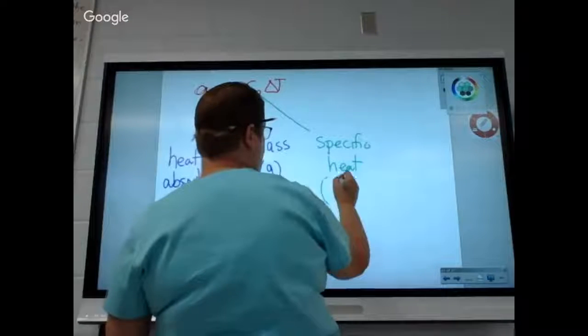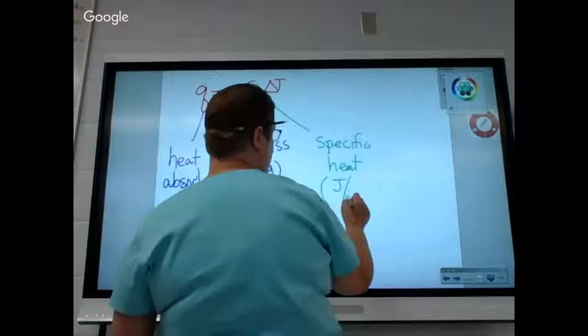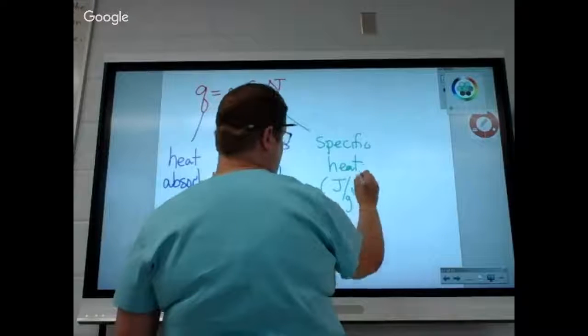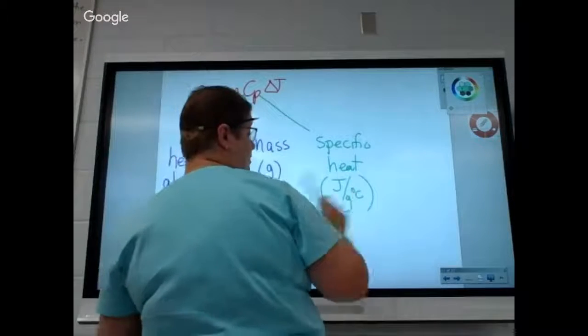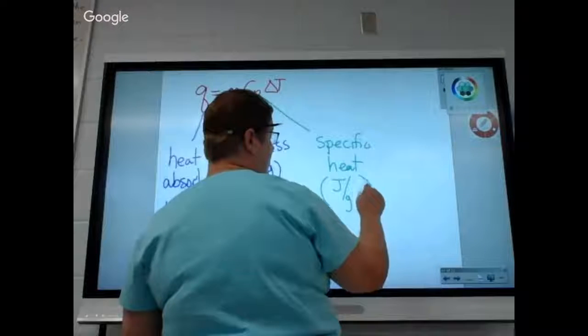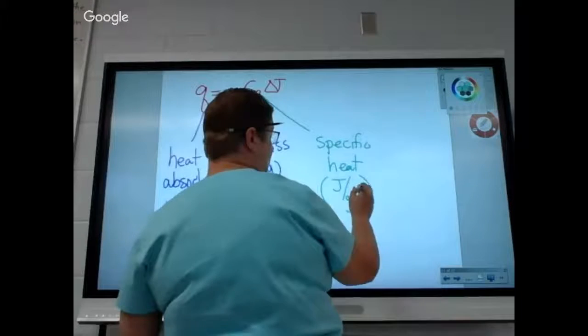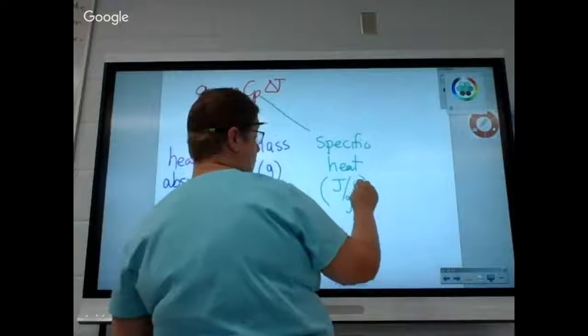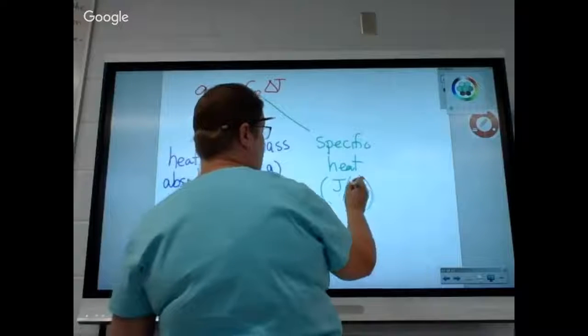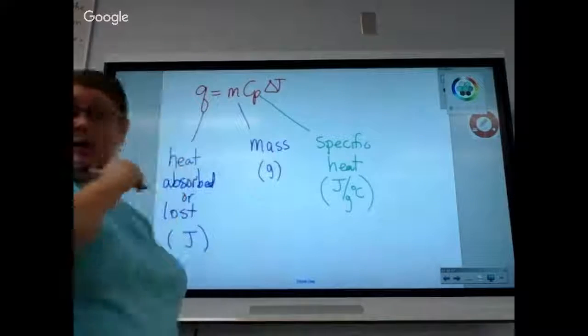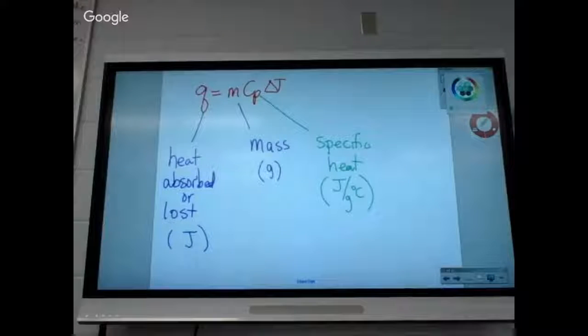Okay? Its unit is long. It's J over G degrees Celsius. Now, that degrees Celsius could just as easily be a K. It can be either one. Okay? Doesn't matter which one it is. I'm just going to leave it as degrees Celsius because this is the only formula that can be calculated in Celsius or Kelvin that we will do all semester long.